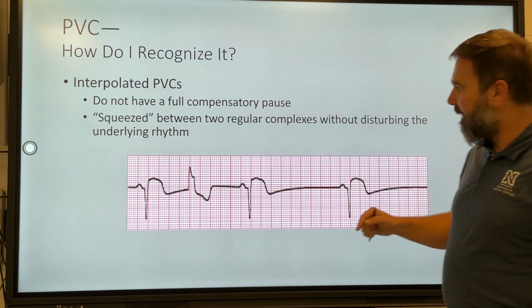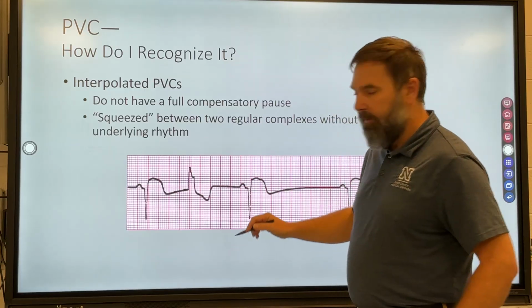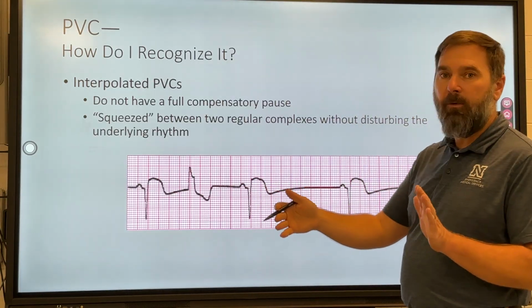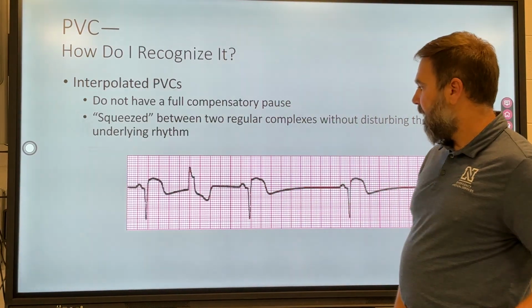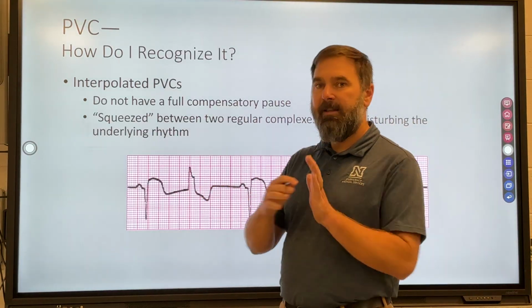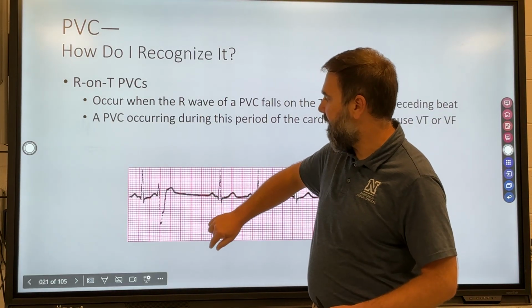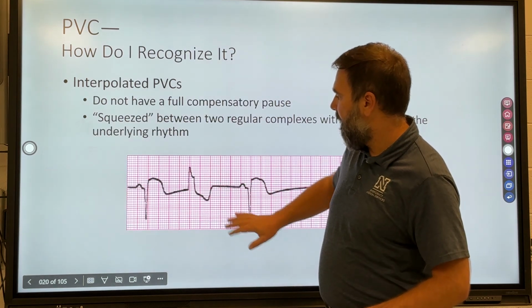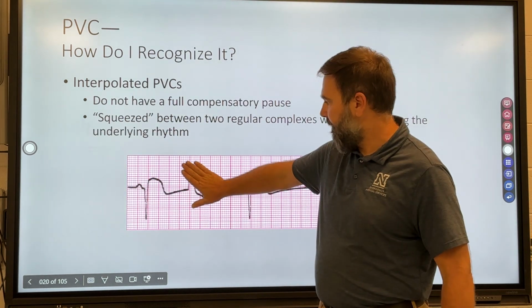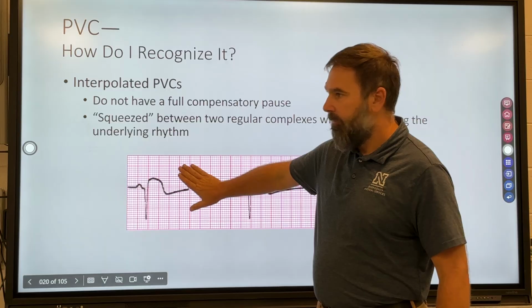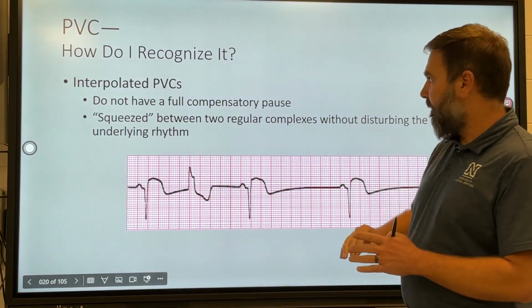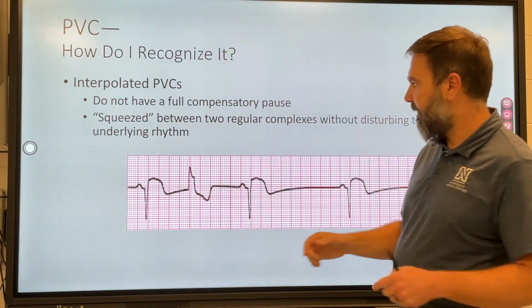Then we have interpolated PVCs, squeezed between two normal complexes. If you were to take this PVC out with interpolated PVCs, it does nothing, it does not make the rhythm irregular, because we do not have that full compensatory pause.